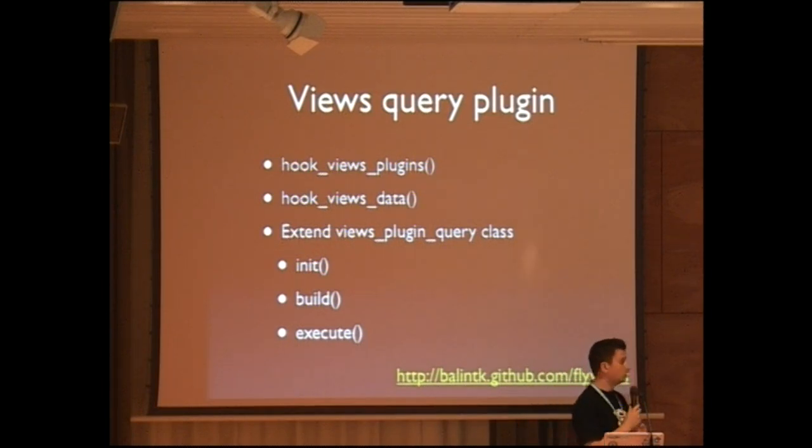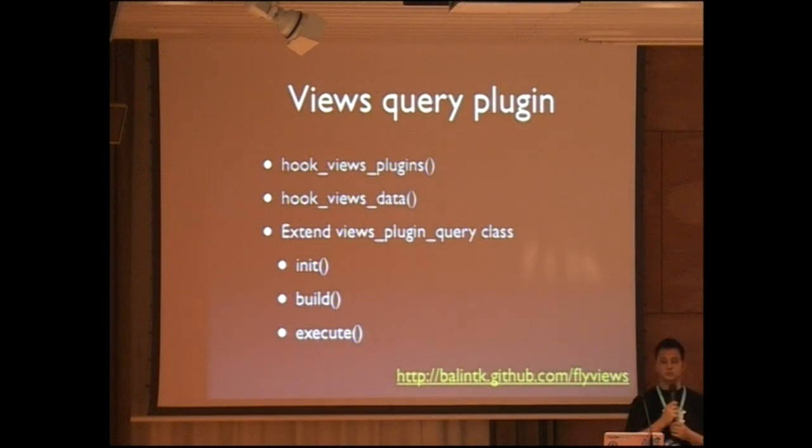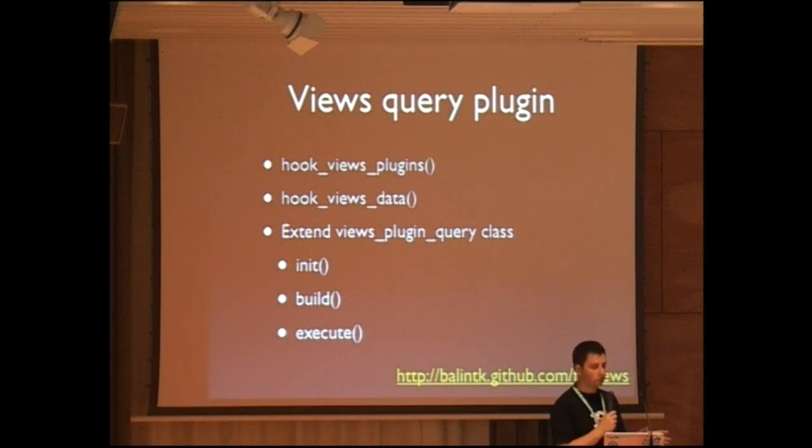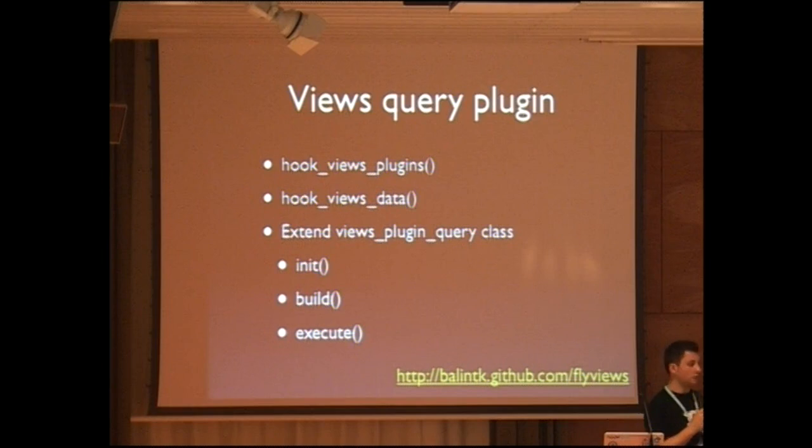So how can you start writing a Views query plugin? First of all, you need to tell Views that your module defines a plugin, so you implement hook_views_plugins. Then in hook_views_data, you describe the data structure. First you describe your base table, which is not a real base table, but an equivalent of that.